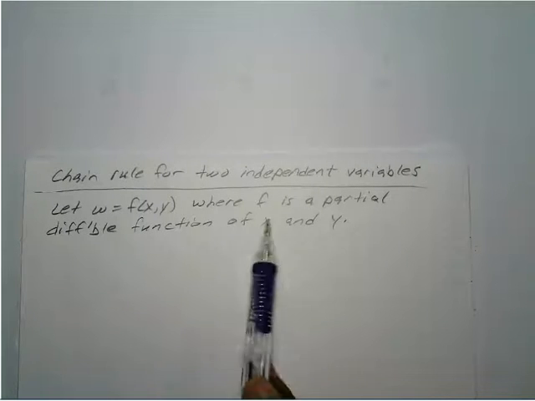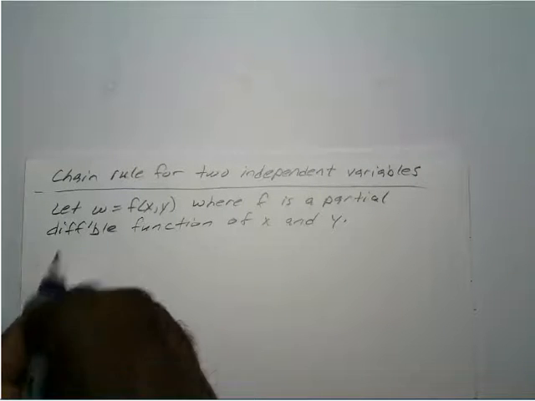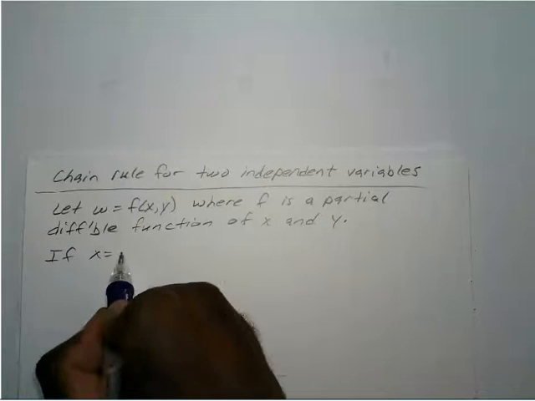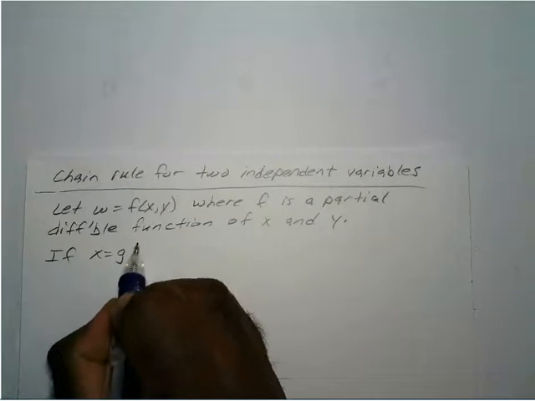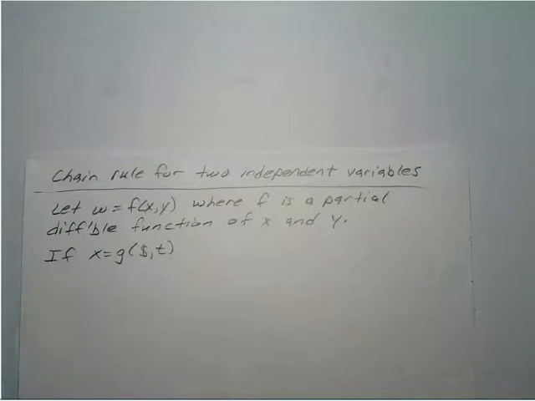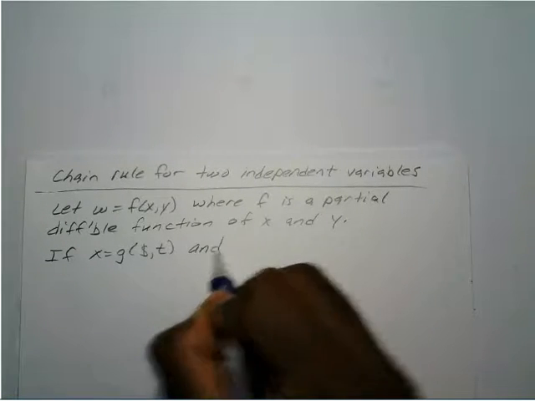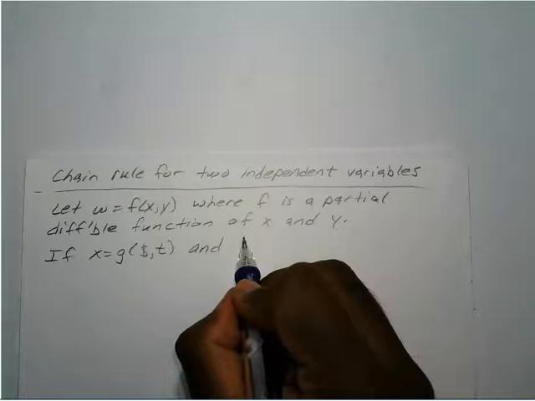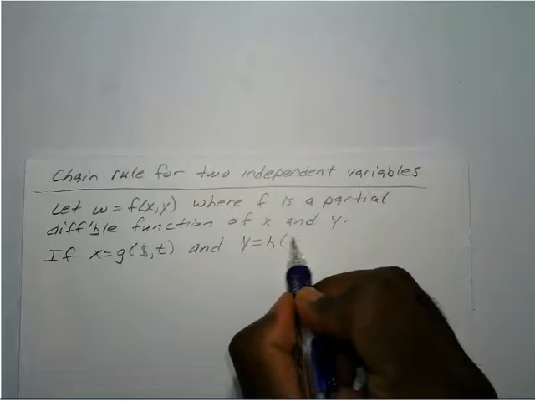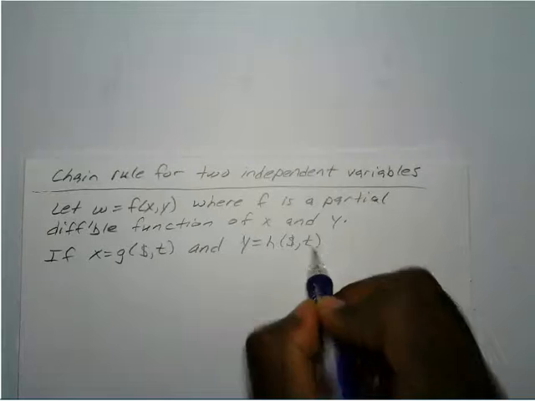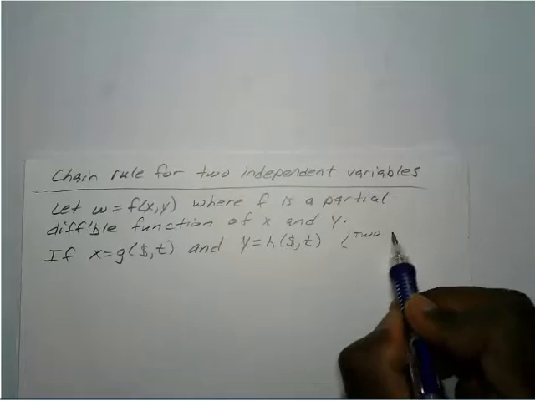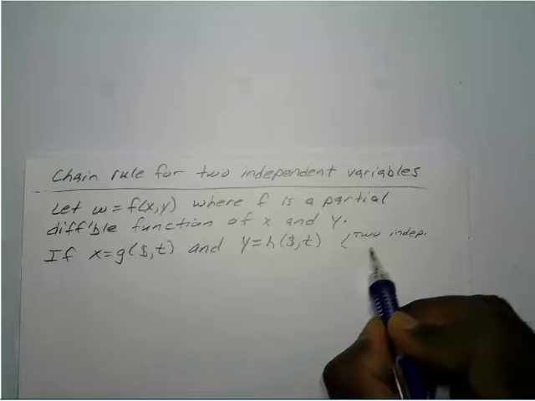Remember, those aren't the independent variables we're talking about. We're saying that if x is equal to some function g with the independent variables of s and t, and y is also equal to some function with two independent variables s and t. Remember, those are your two independent variables here.